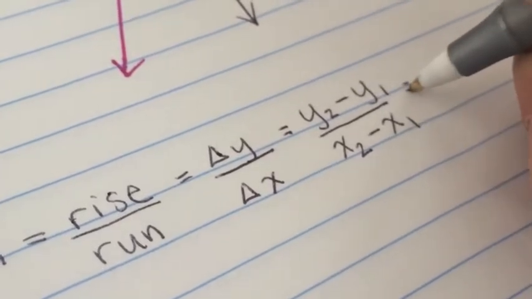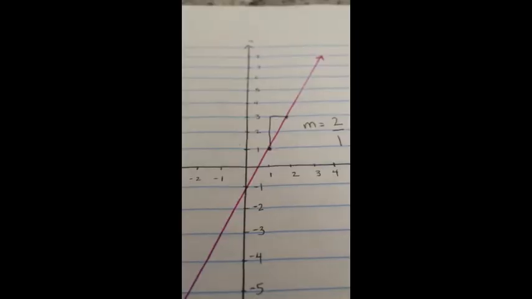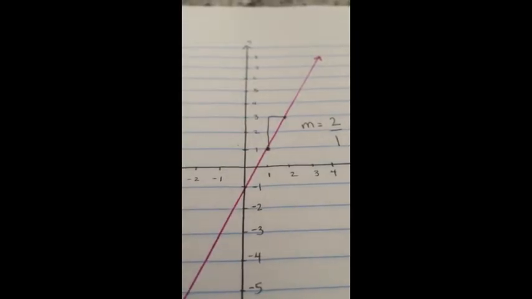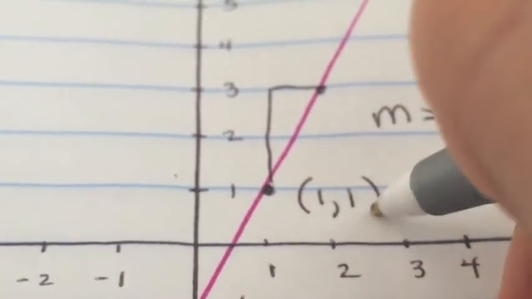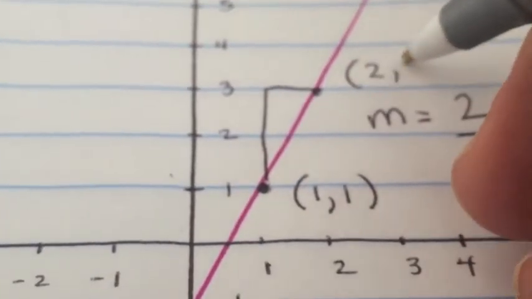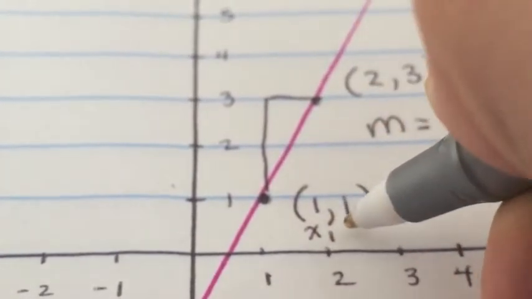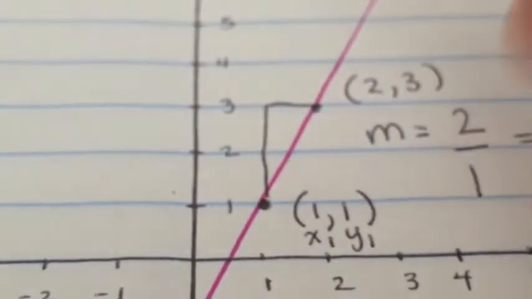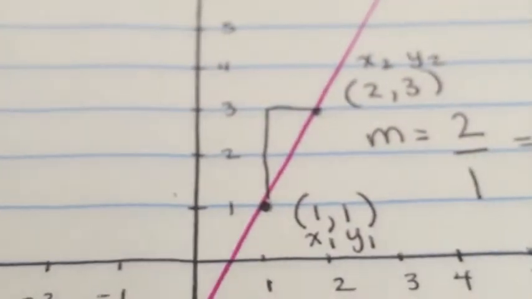And we get these values from the points of x and y. The points of x and y here are (1, 1) and (2, 3). And in this case, I'm going to designate the first point x1, y1, and the second point x2, y2.